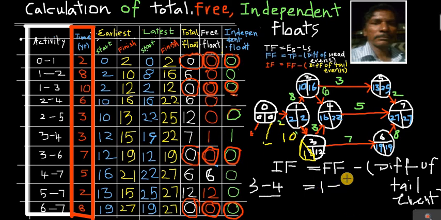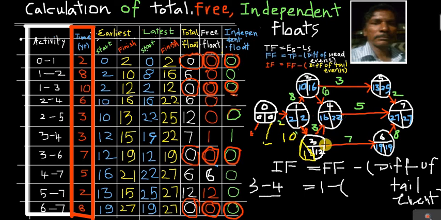Minus, okay, 3 to 4. Look at the picture here, 3 to 4. Now look at that. The difference of the tail event in this particular activity, this is called the tail event, this is called the head event.